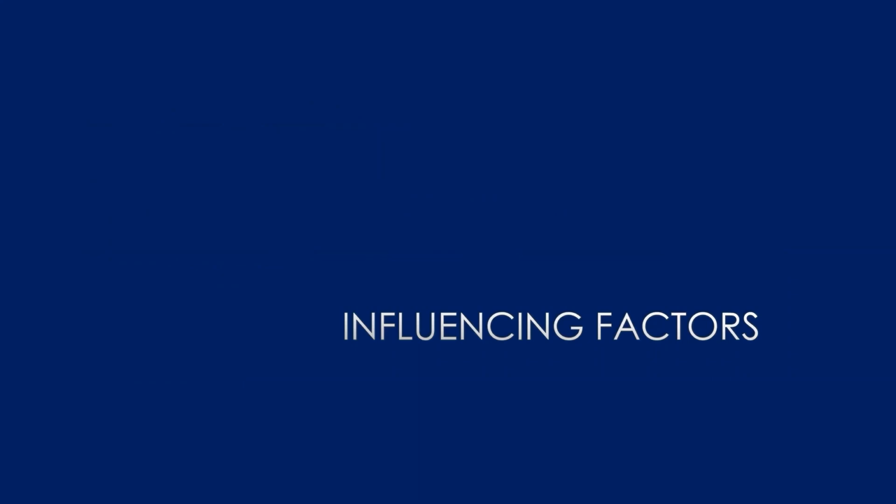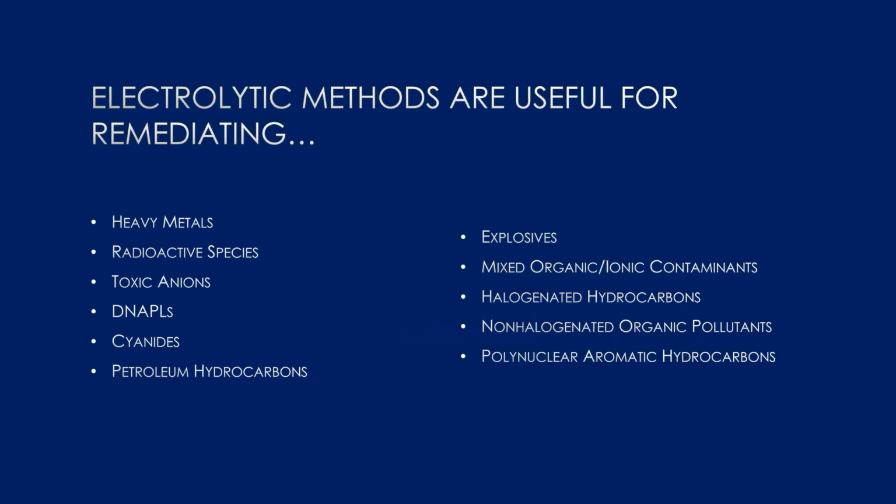Next, we will discuss some of the factors that influence electrolytic remediation methods and their applicability. Electrolytic methods work well for remediating heavy metals such as lead, mercury, cadmium, nickel, copper, zinc, and chromium. Radioactive species such as cesium-137, strontium-90, cobalt-60, and uranium.